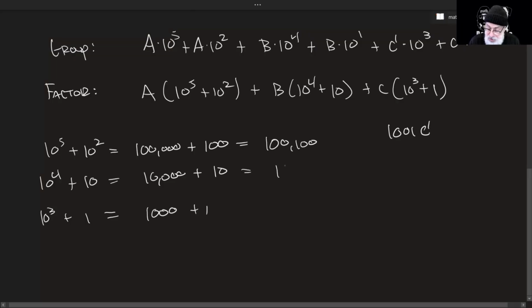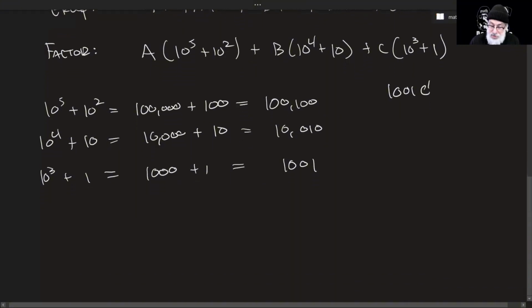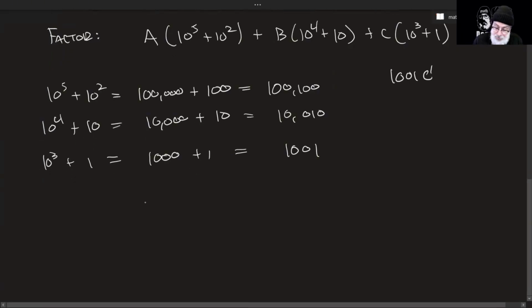This is 10,010. This is 1,001. All right, so we can rewrite this as 100,100 A plus 10,010 B. These are sort of interesting looking, right? I sense a pattern here. So that's 1,001 C.